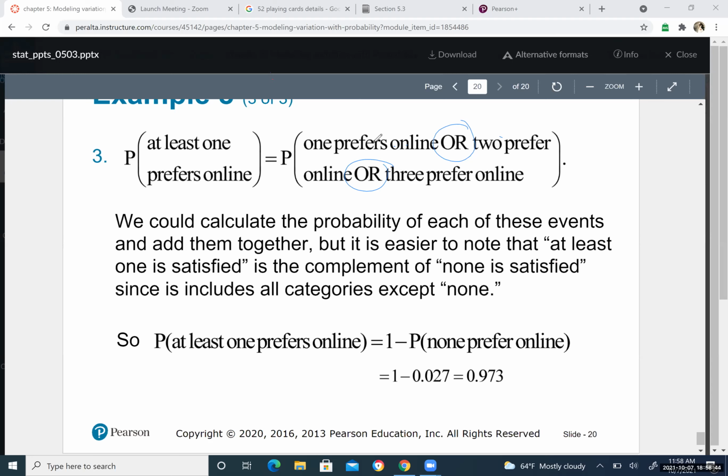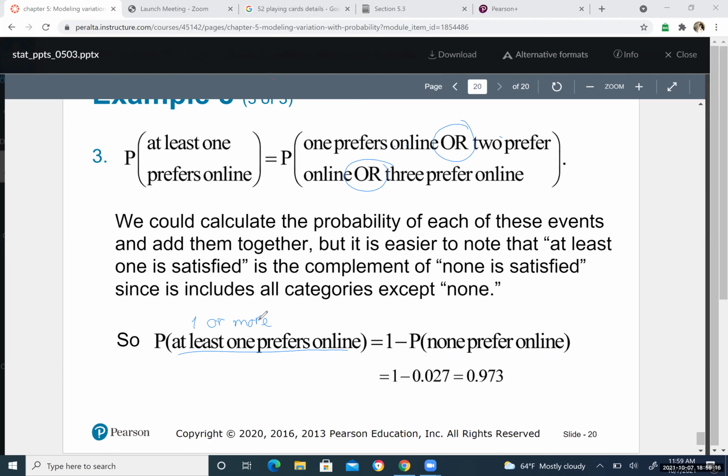So in other words, we have at least one prefers online, which is 1 or more. One or more means what? The maximum here is 3 only, right?